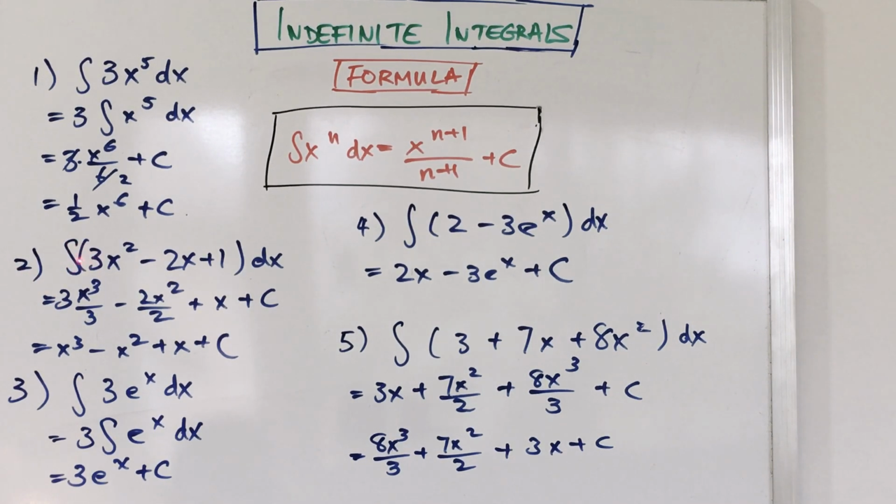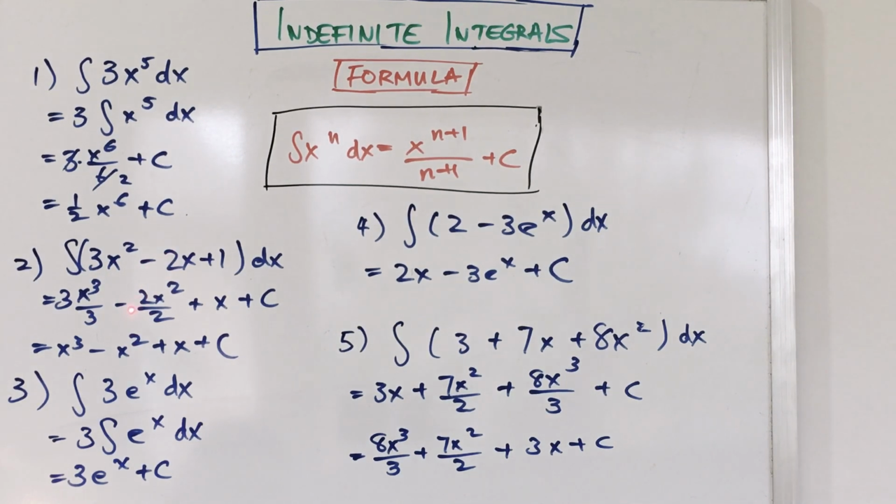Integral of 3x to the 2 minus 2x plus 1. We have 3, that 3 just leaves outside the integral here. So you multiply that by the integral of x squared, which becomes x to the 3 over 3, just by direct application of this formula here, because x to the 2 becomes x to the 2 plus 1 over 2 plus 1, so that just becomes x to the 3 over 3.